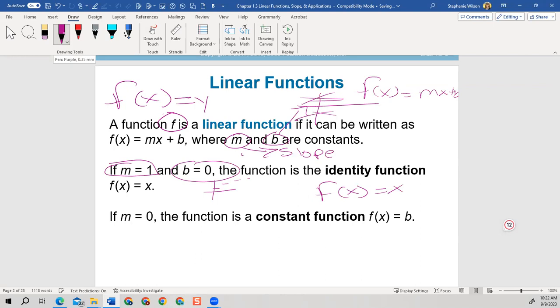It's actually crossing the x-axis, because remember, y is 0 on x. Unless it crosses the origin, then they're both 0. And if that's the case, we'd have 0 for the slope and 0 for b, and then f of x would equal 0.